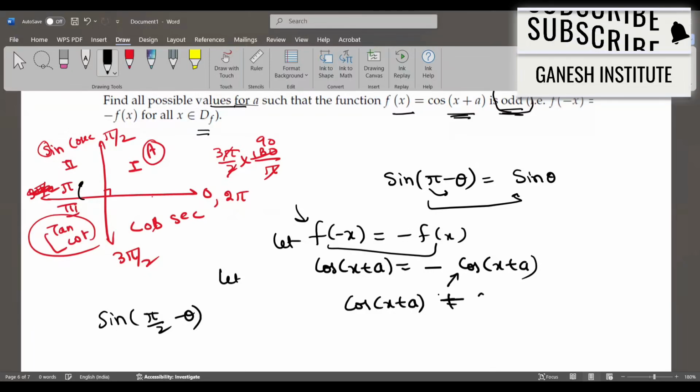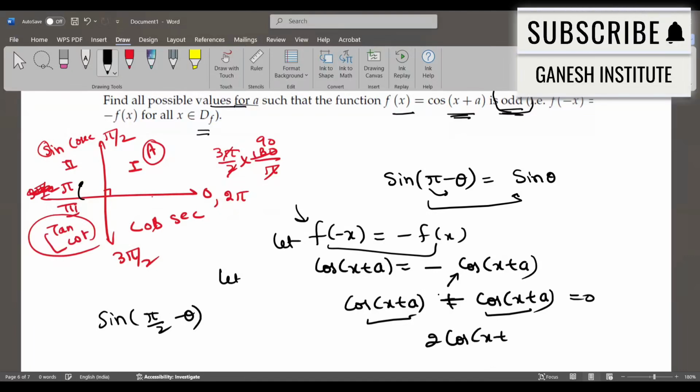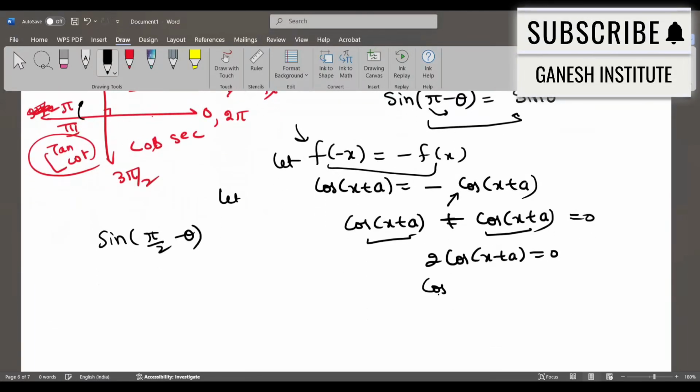Either you can bring it to the left-hand side and apply. This is 2 cos(x + a) is 0. And 0 it is where? In the multiple of 90.